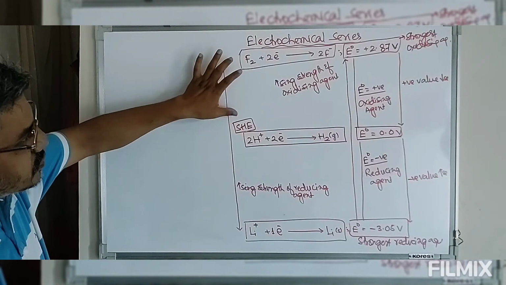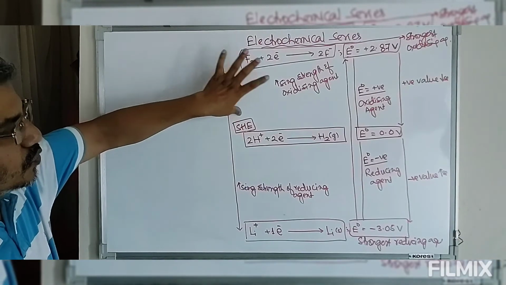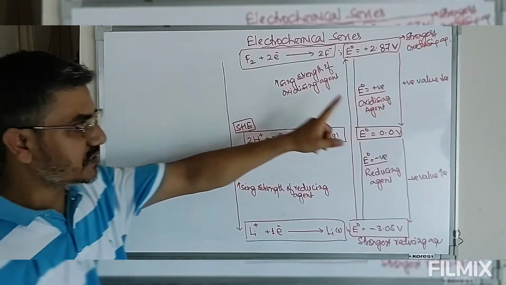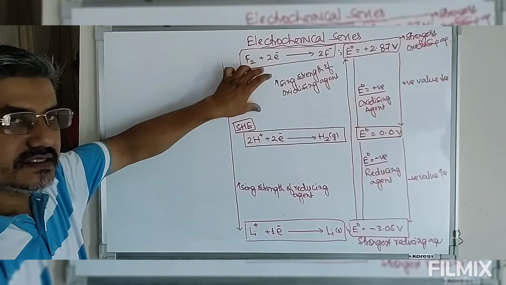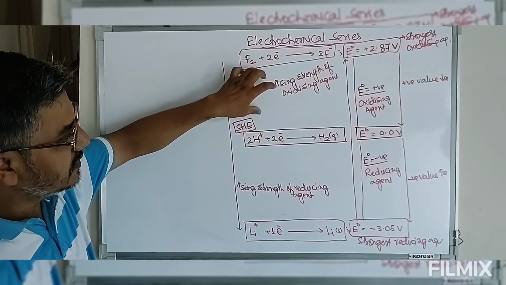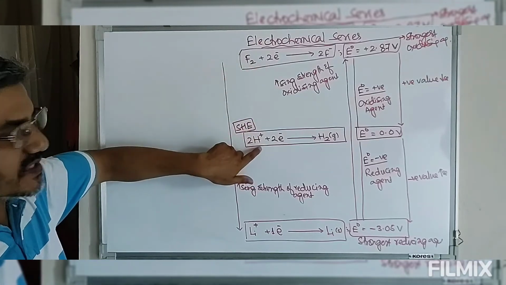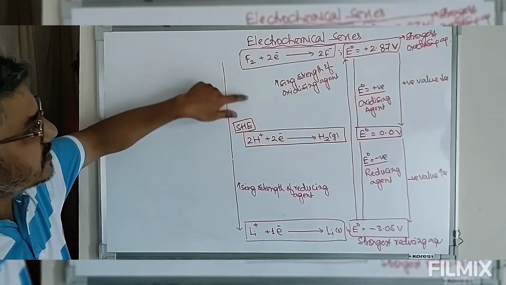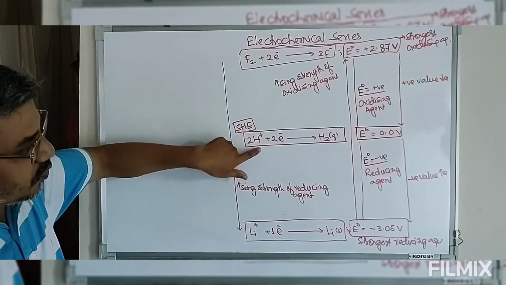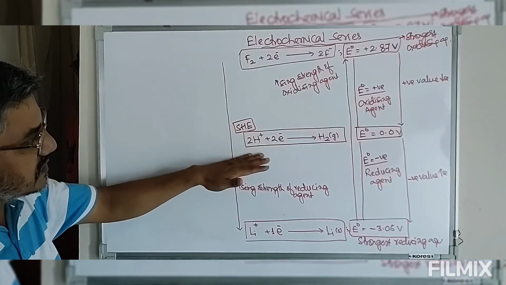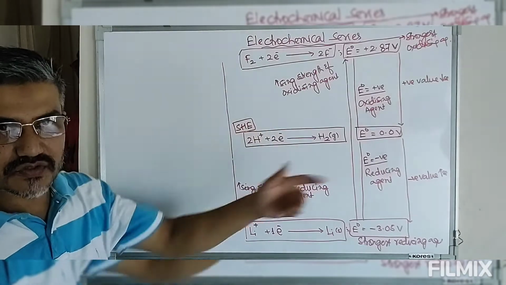Whereas electrodes above hydrogen, whose reduction potential is positive, are stronger oxidizing agents, less reactive, and cannot displace H plus ion from solution. Electrodes below the standard hydrogen electrode can displace H plus ion from solution.